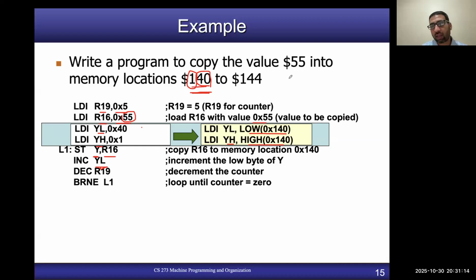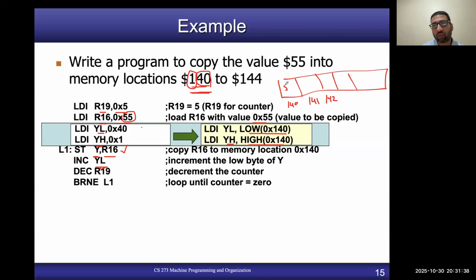So it is like this. Here you have address 140, then address 141, and this is address 142. I'm not writing all of them, but you have already put here, you are saying put R16 into 140.